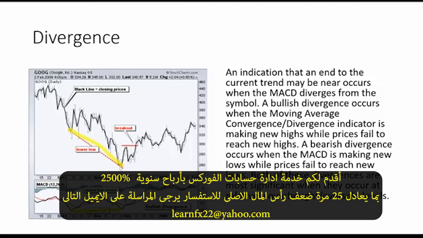So what we see is the indicator is moving on an upward value while price is moving on a downward value. When we get the crossover, it's giving us a signal for a breakout, and combining the divergence with the breakout, the crossover, it's giving us a very bullish signal. The opposite is true for a bearish divergence.